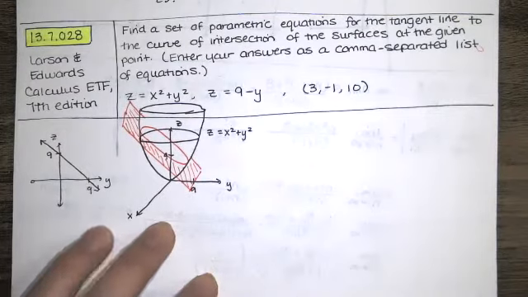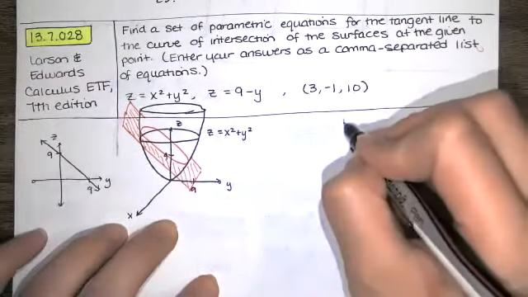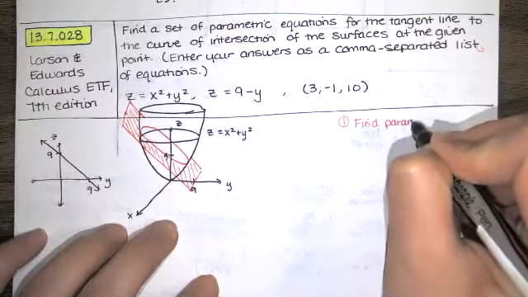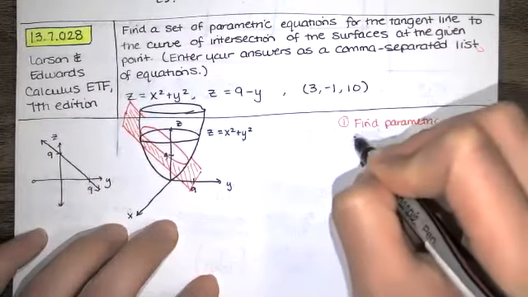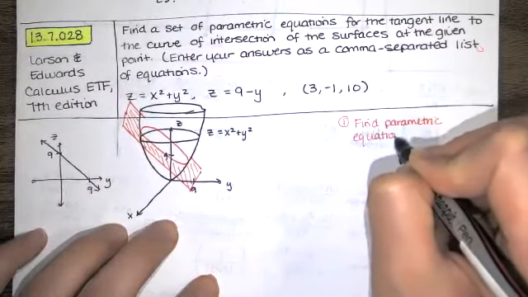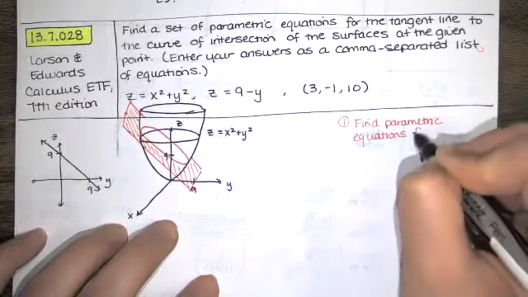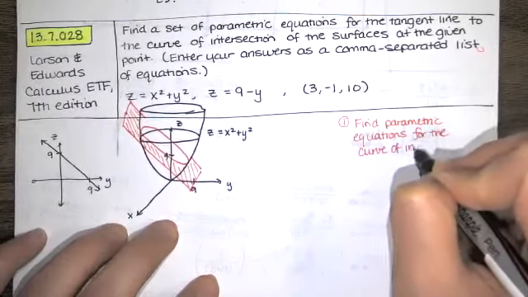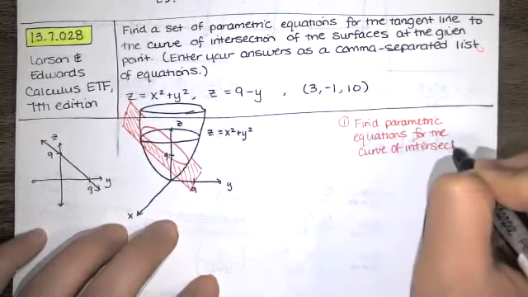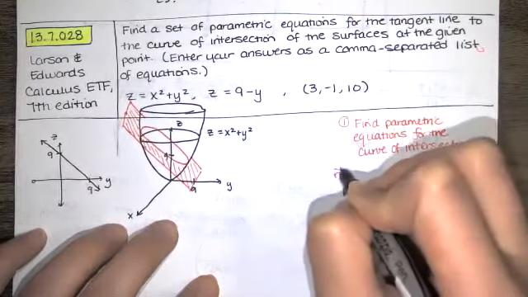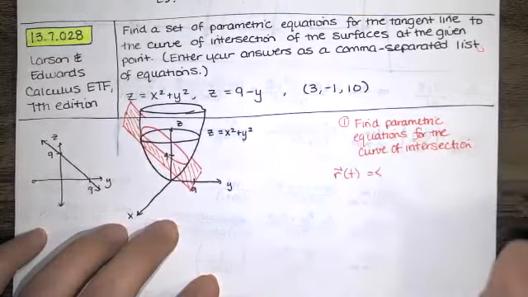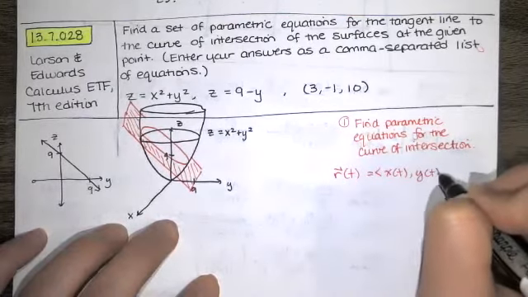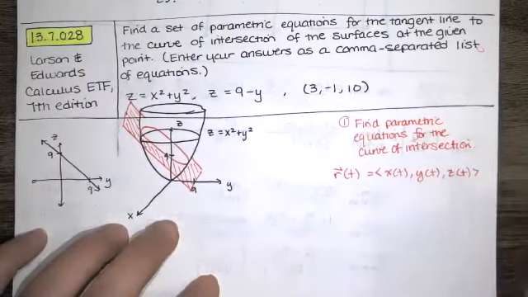So the first thing we need to do, the plan, is to find parametric equations for this curve of intersection. So basically what we want is r of t, and this is a curve in three-dimensional space, so it's going to have components x of t, y of t, and z of t.